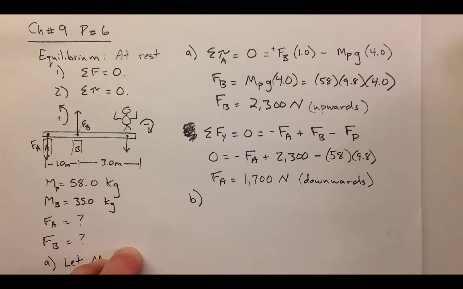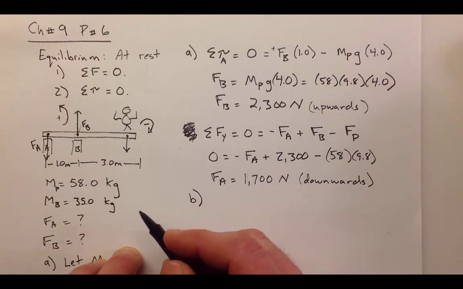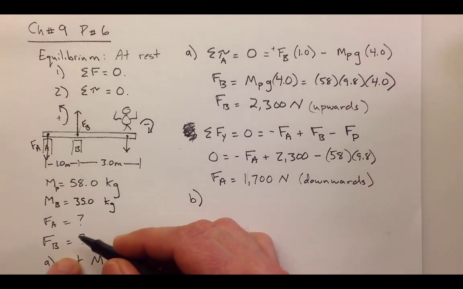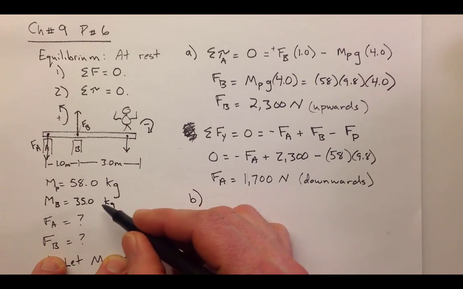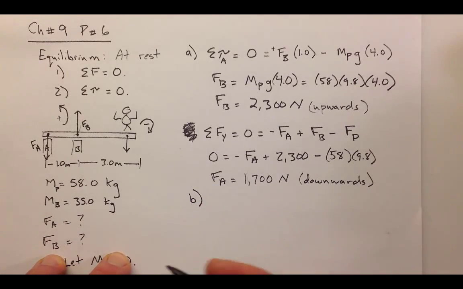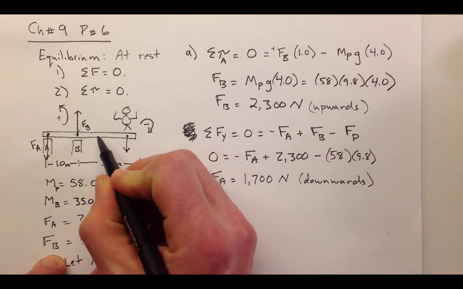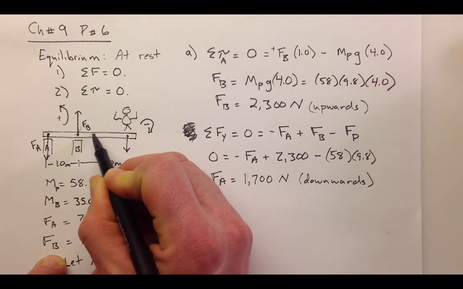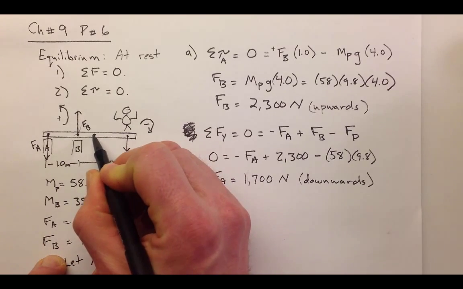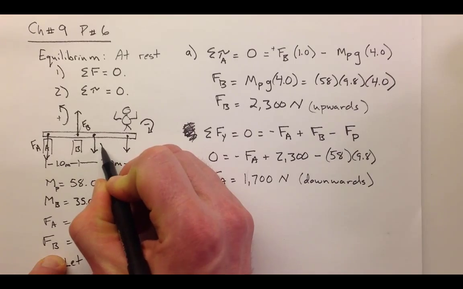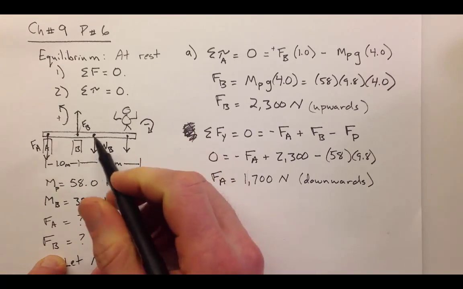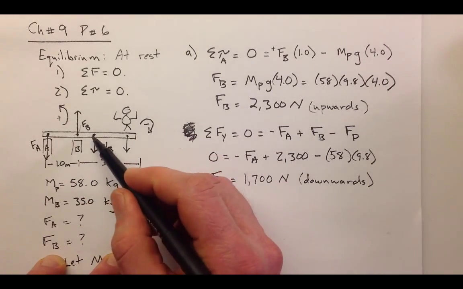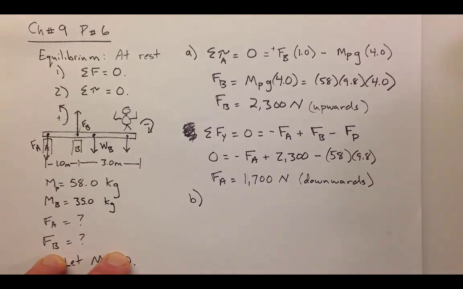So for part B of this problem, we're going to let you guys figure that out at home on your own. The only hints I would give you here is that when you take into account both the force of the board and its torque, what you would do is you would assume that the board is uniform, so its center of mass would be right in the middle at 2.0, and of course its weight would go straight down.